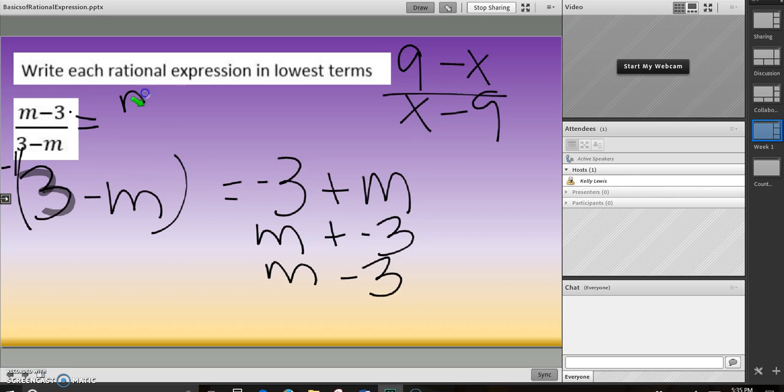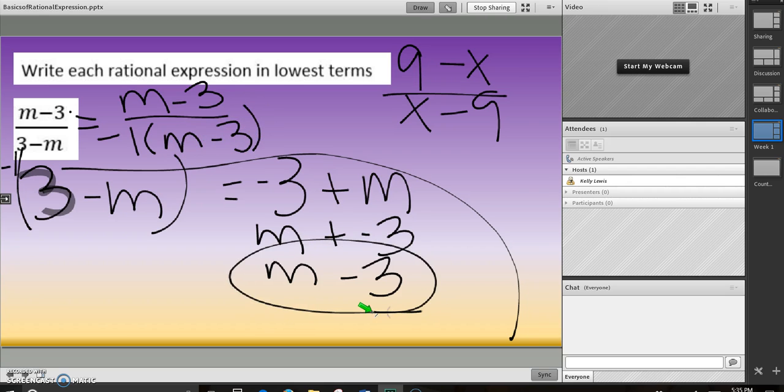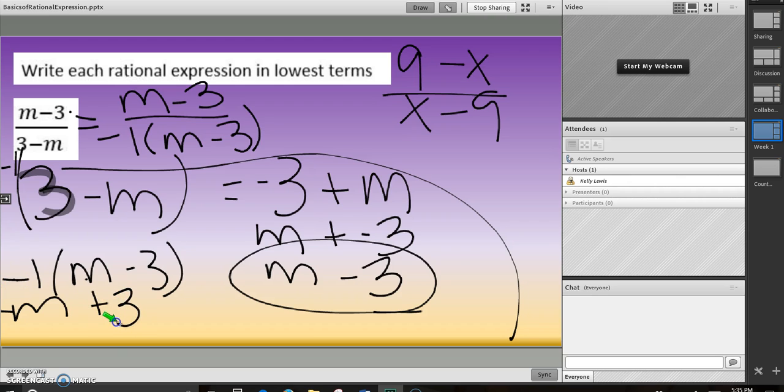So this guy is really m minus 3 over -1 times m minus 3, because if I did -1 times m minus 3, I would get -m, and -1 times -3 is +3, which is 3 plus -m, which is really 3 minus m.